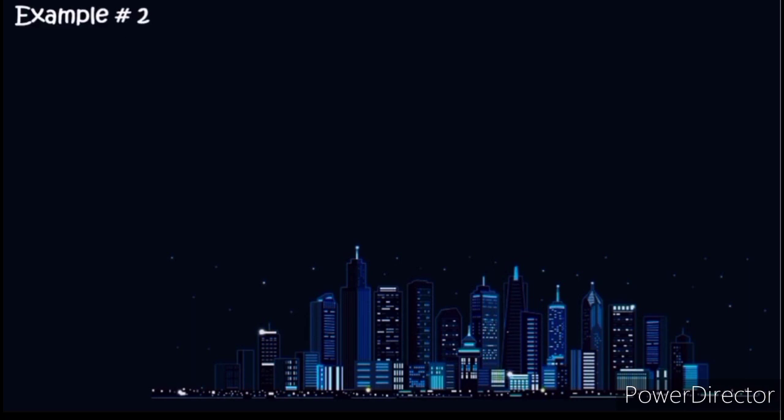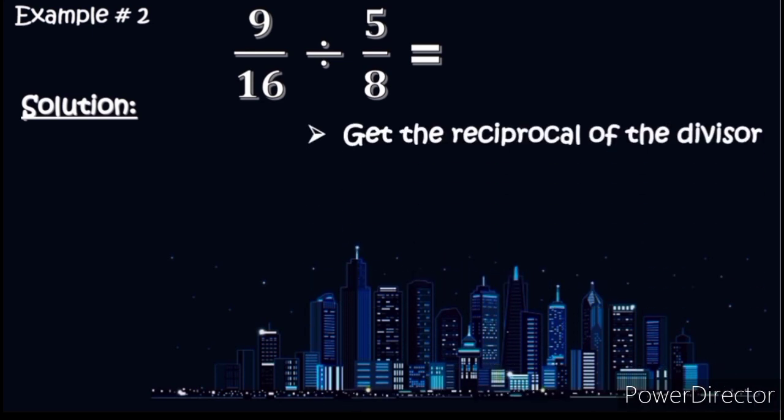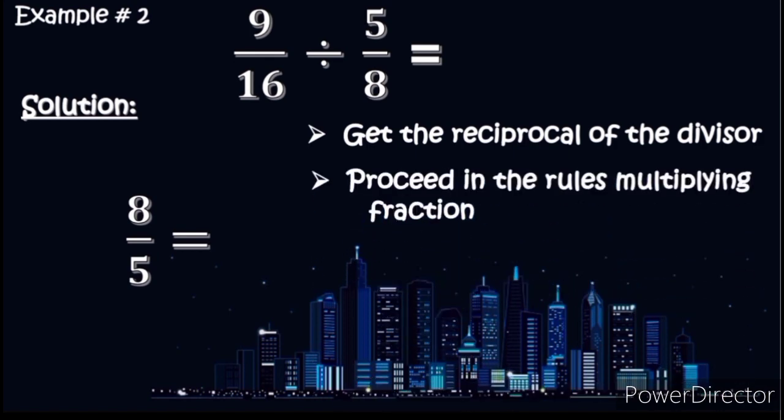Now let's have example number 2. 9 over 16 divided by 5 over 8. Get the reciprocal of the divisor. 5 over 8 will become 8 over 5. Proceed with the rules in multiplying fractions. We have to multiply it by 9 over 16.